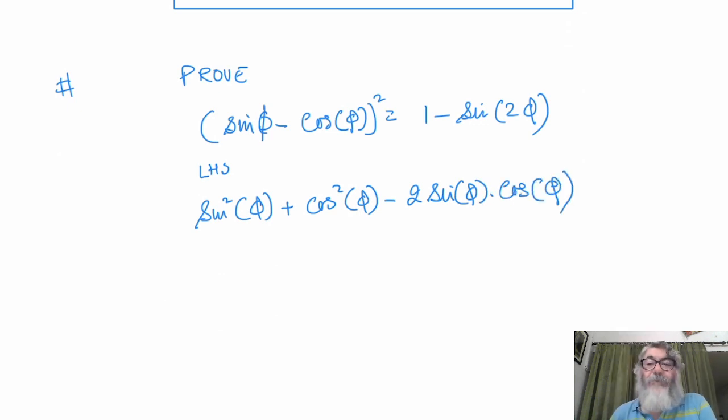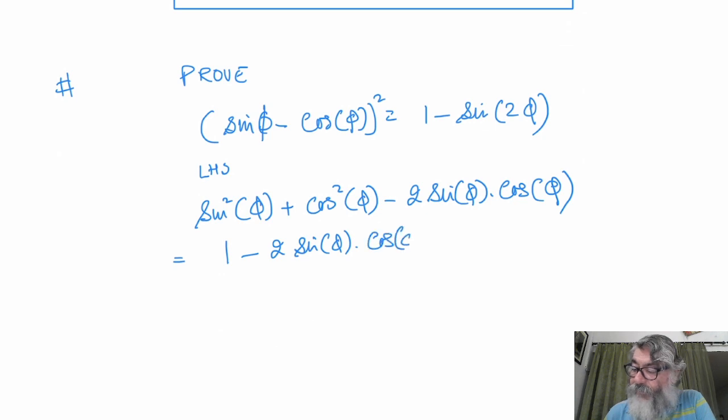We are still applying the same algebra which you had learnt in class 8th and 9th. Sin² phi plus cos² phi is 1 minus 2 sin phi cos phi. 2 sin phi cos phi will become sin 2 phi, which is right hand side.